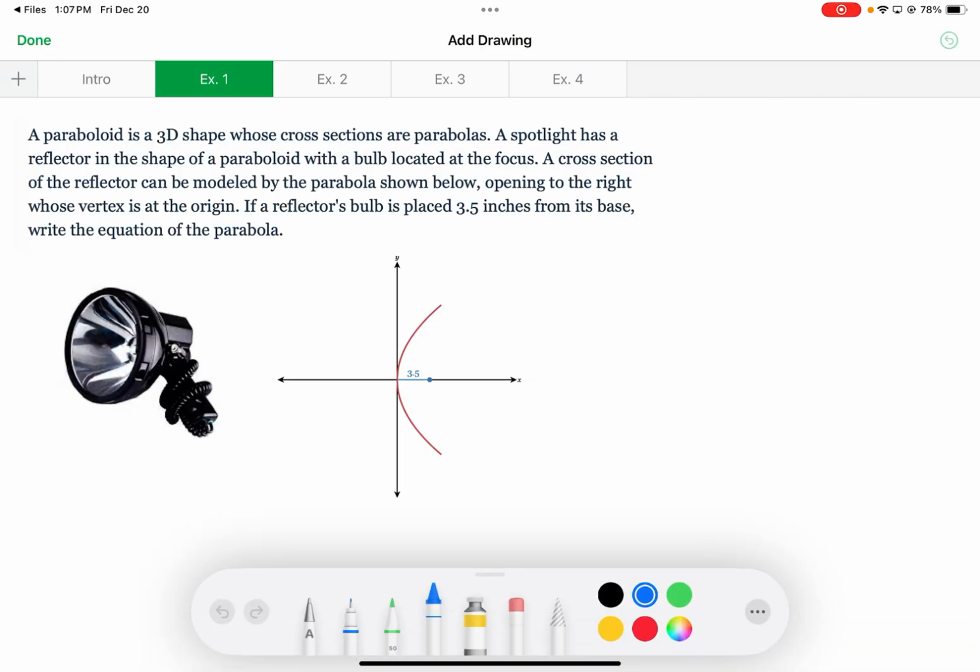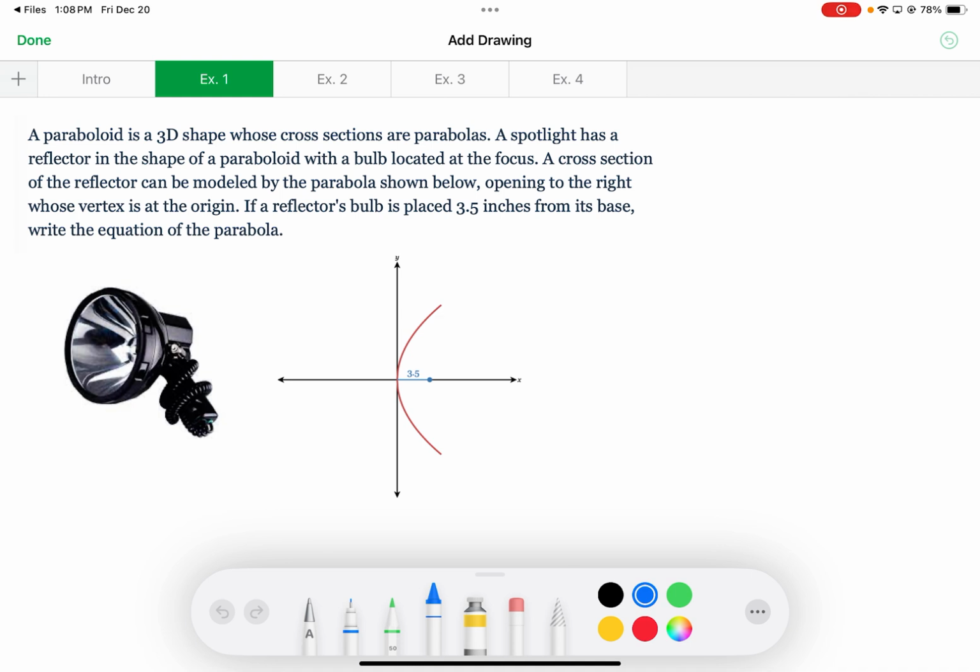It says a paraboloid is a 3D shape whose cross sections are parabolas. We've already talked about a paraboloid. The way we looked at it was we took a two-dimensional parabola and rotated it around its axis of symmetry in order to create the paraboloid. Now here they're saying the paraboloid is a 3D shape whose cross sections are parabolas.